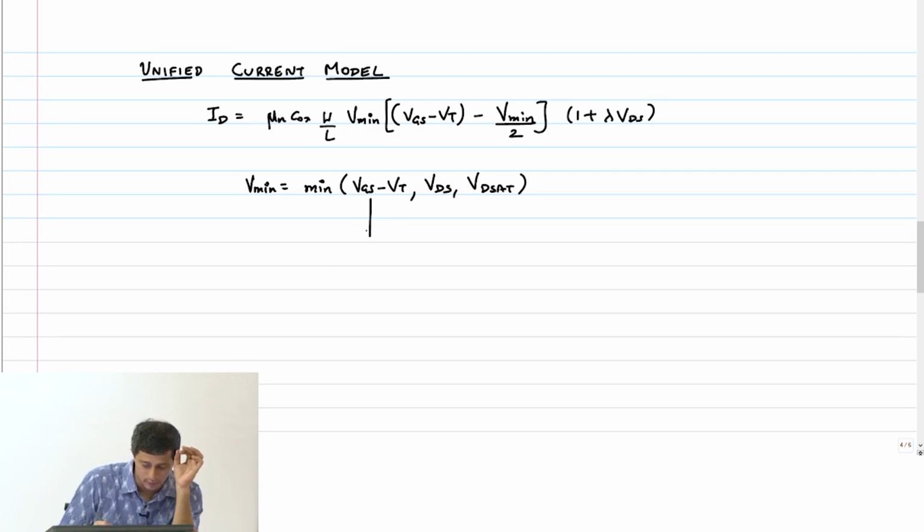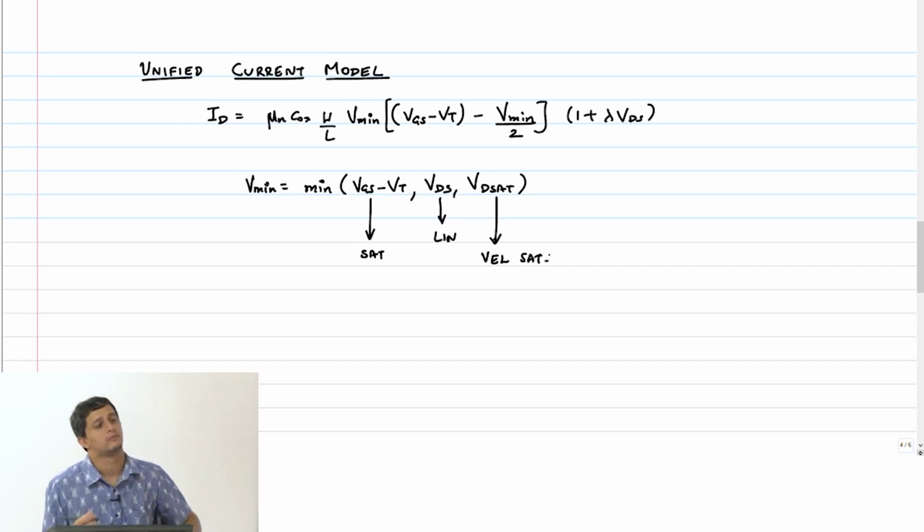If this turns out to be the answer, it means the transistor is in saturation region. If this turns out to be the answer, then it is in linear region. And if this turns out to be the answer, it is in velocity saturation region. So this really simplifies our analysis and mathematically abstracts the whole thing out very well and quite consistently also.